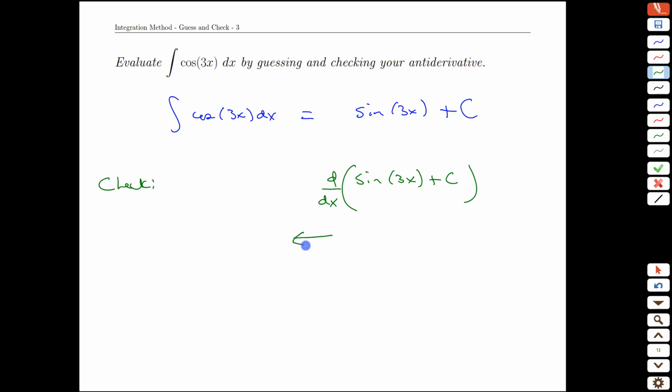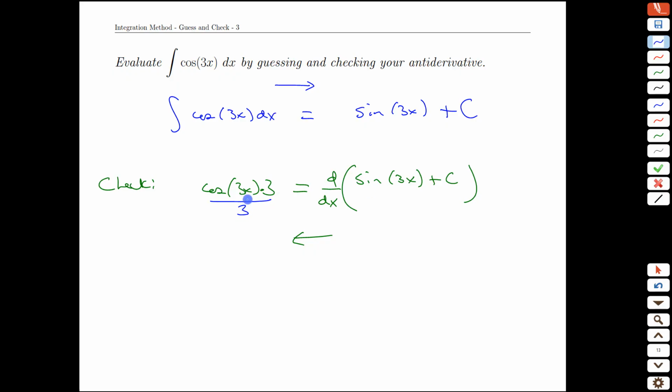So we're working this way on this side, and left to right on top. If we differentiate sine of 3x plus c, we're going to get cos of 3x times 3 plus 0. Then you just compare these two answers and go, well, I'm close, but I have a 3 I do not want. How can I get rid of that 3? I can divide through by 3.